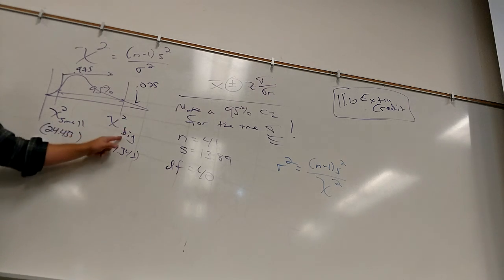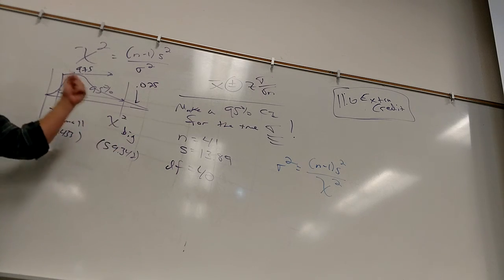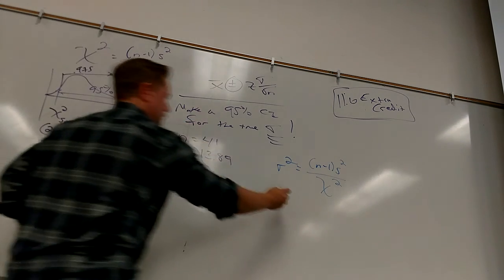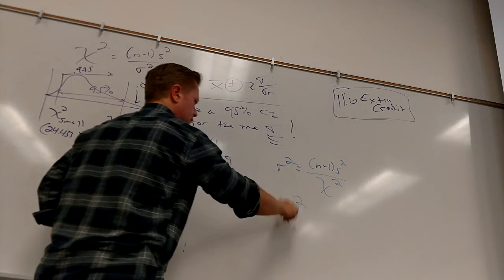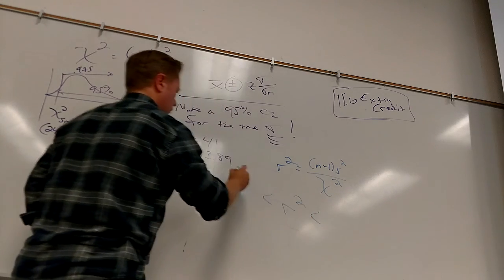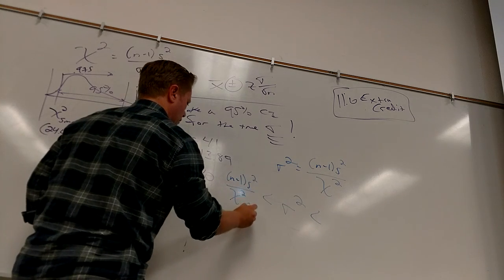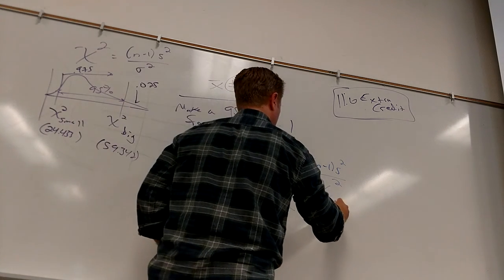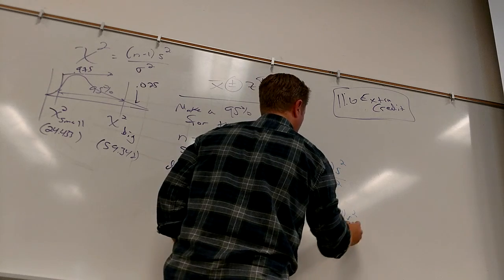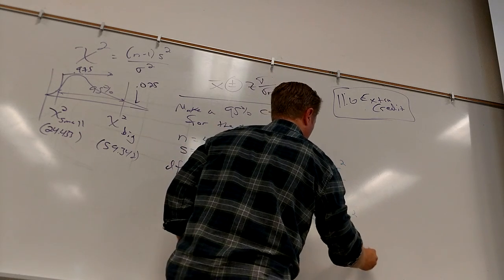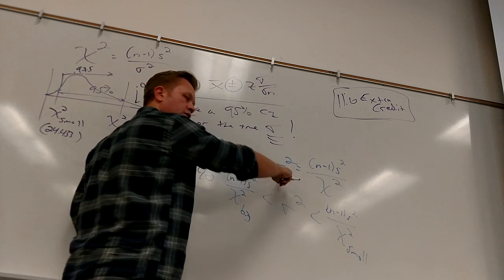Dividing by a bigger number makes the result smaller. So my true variance is going to be between n minus 1 times s squared divided by chi-squared big and n minus 1 times s squared divided by chi-squared small. So this formula tells you what the variance is.